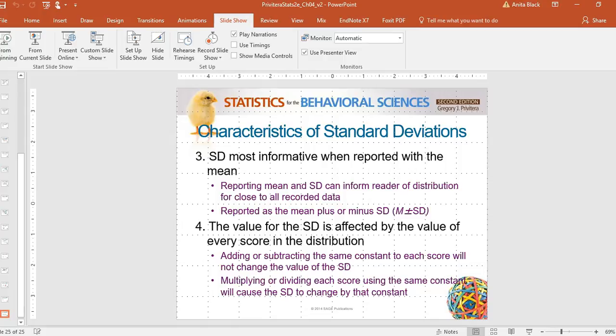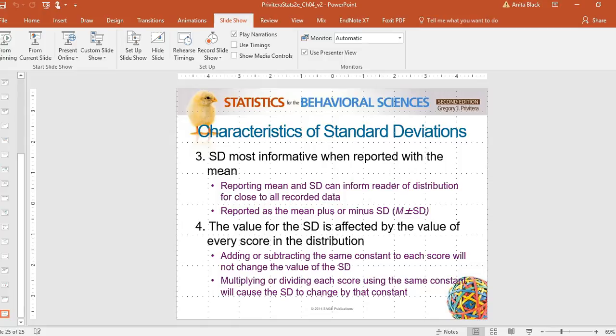Some more information. When you're looking at articles, it's interesting when you analyze them, because some studies don't report the standard deviation and the mean together. Well, we need both of those. Those are very important. Reporting them can inform us of a distribution for close to all recorded data.